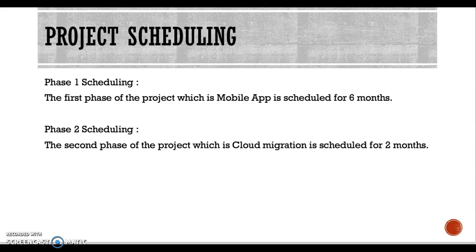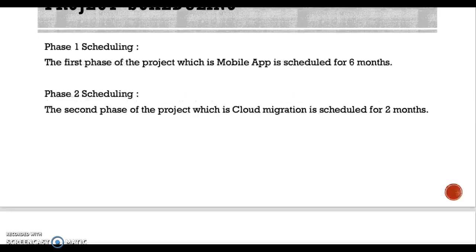And phase 2 is for 2 months, because this is considerably less than the first phase, because this is only about the app migration, building the migration environments, testing the deployments, and training the staff with the new environments and all that. So this will take approximately 2 months. So the estimated total schedule of our project is 8 months.